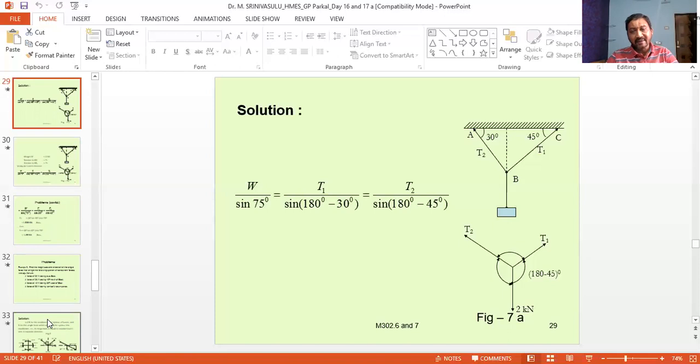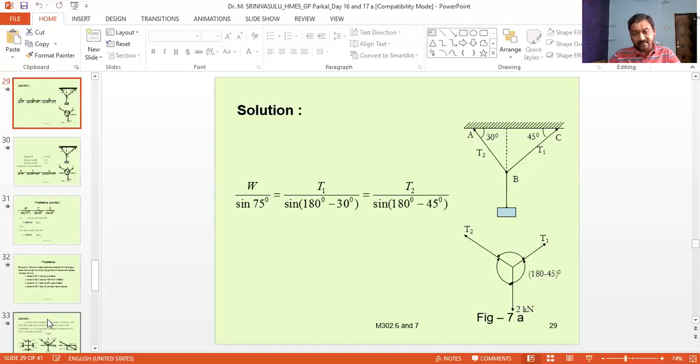The angle made by the string AB with the horizontal ceiling is given as 30, but it is not 30, it is equal to 60 degrees. Therefore, the angle made by the string AB with the vertical will become 30 degrees.